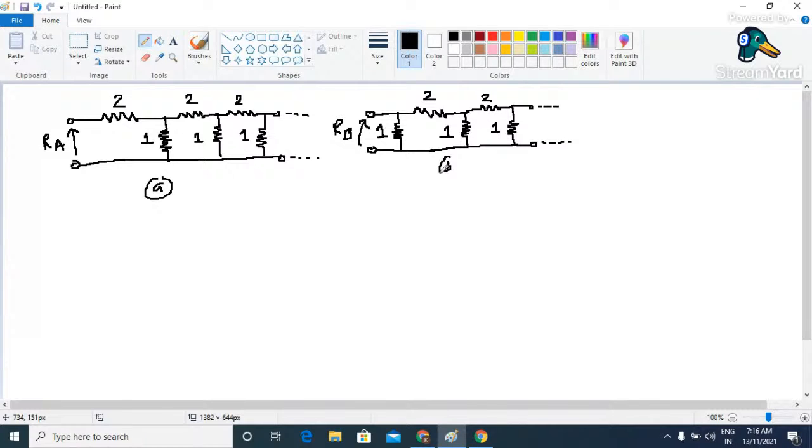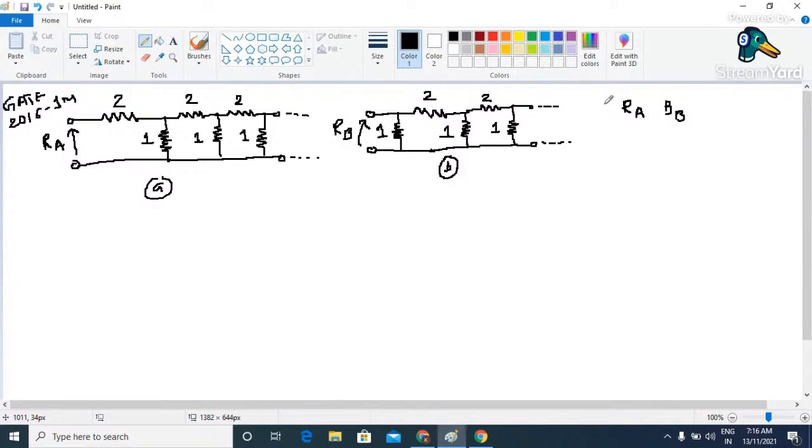And in this case, we have some options. Basically, this question was asked in GATE 2016 for 1 mark. Our objective is that we have some options and we have to take the most appropriate answer for the question. We have to calculate the value of RA and RB, and select the most appropriate answer.